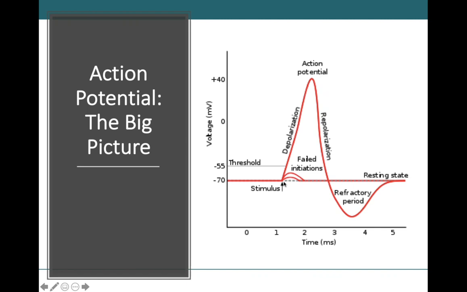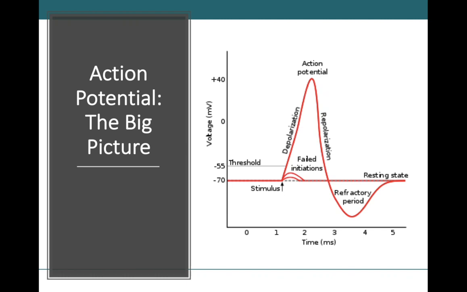So in order for us to fire an action potential, we have to reach the threshold potential, which is at -55 millivolts. So if a stimulus can depolarize our resting membrane potential enough to the threshold potential, we'll fire an action potential every single time.